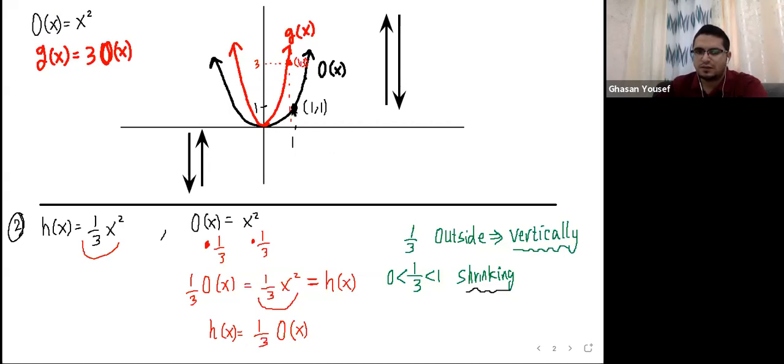So for example, if this point is 1 and 1, in the red curve it will be 1 and 3. The same thing for the black: the black curve passes the point 2, 4, so in the red one it will be 2, 4 times 3, 12, so 2 and 12. You understand? The same thing from the left side, minus 1 and 1 becomes minus 1 and 3 in the red curve.